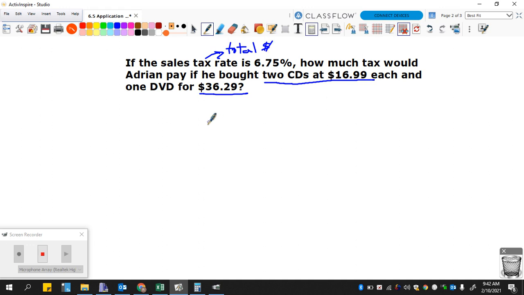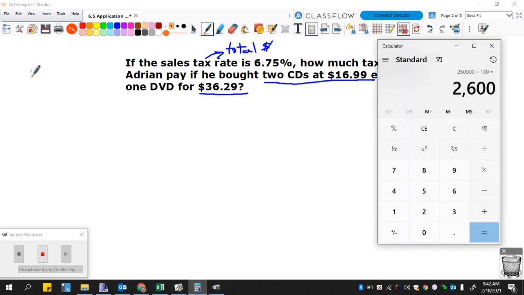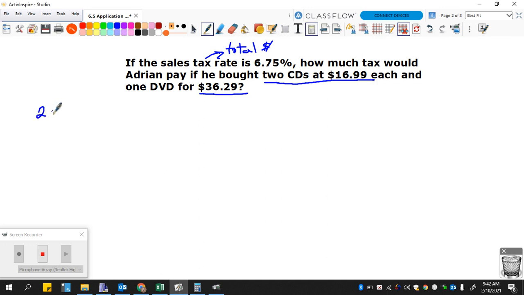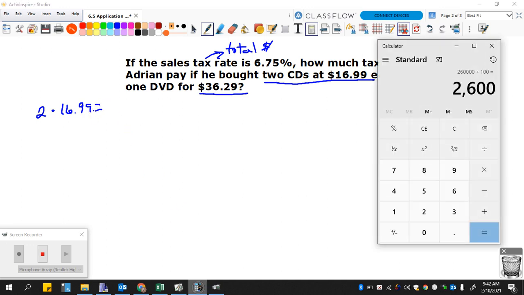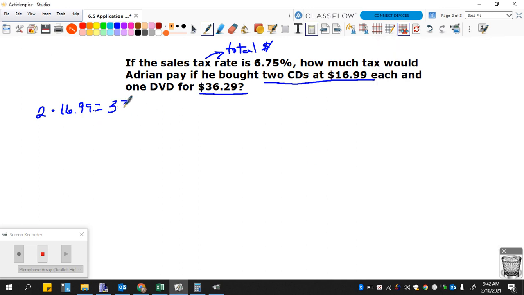So 2 CDs: 2 times 16.99 is $33.98. That's how much you paid for the CDs.